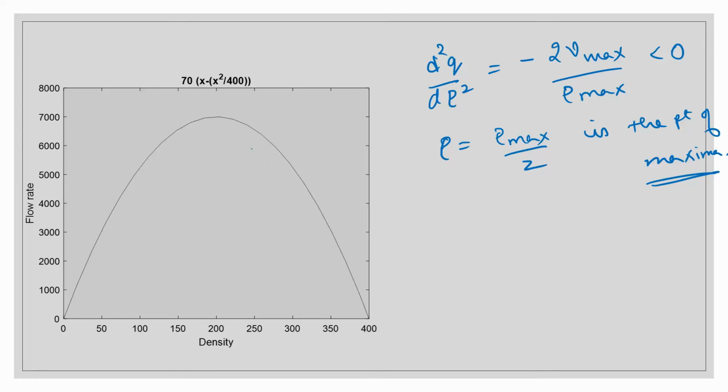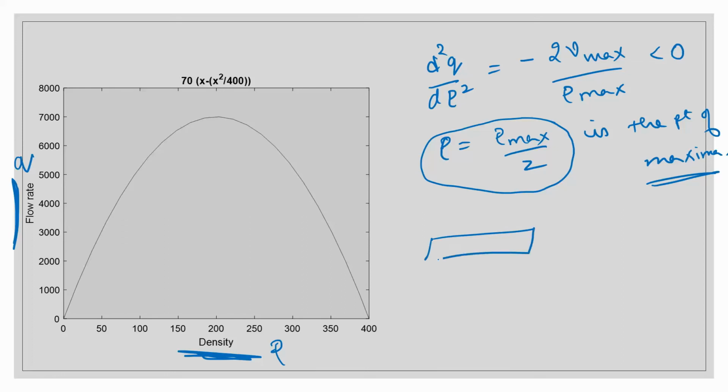You can see that this is the fundamental diagram between density and flow rate. Flow rate is Q, density is rho. I have found that the flow is maximum when density is rho max by 2. Suppose that for a certain section of a lane, I have rho max equal to 400, that only 400 cars can fit in that place.